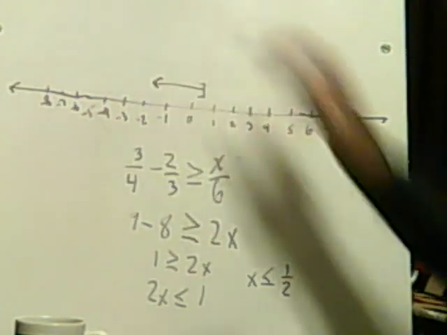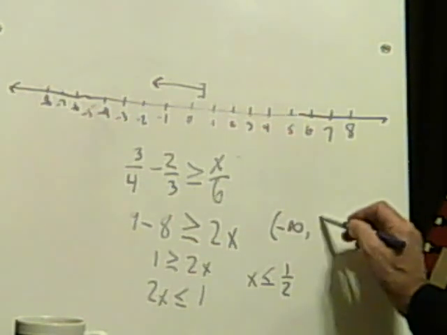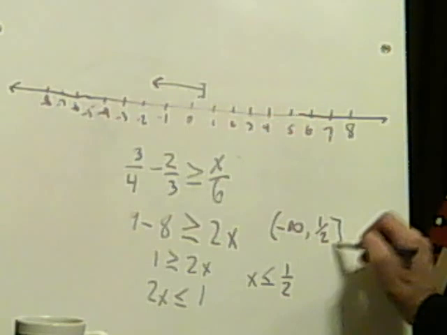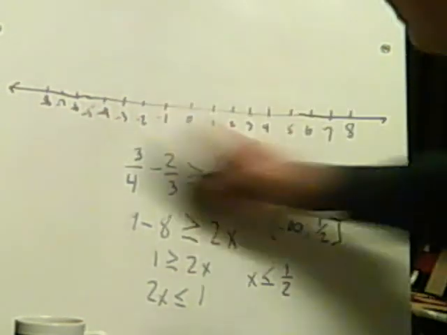It's going to go this way. On the interval notation, that's going to be negative infinity, comma, 1/2, square bracket. Okay, that's number 42. We'll go up to 44 in this exercise, and then we'll call it.